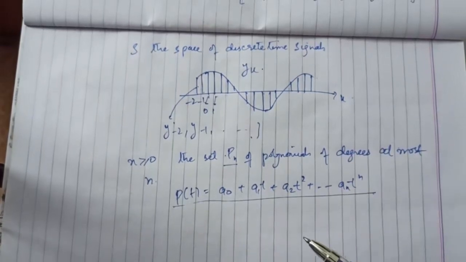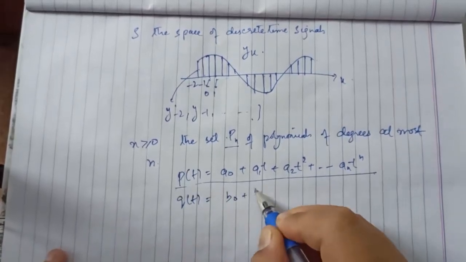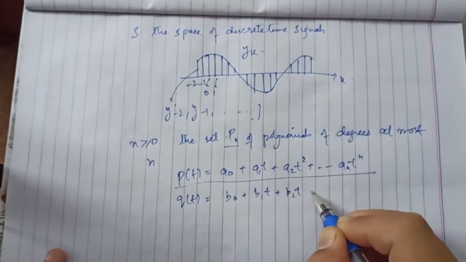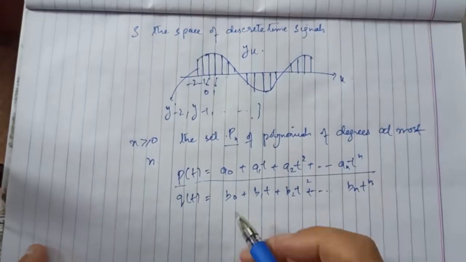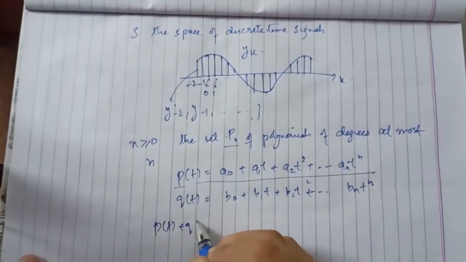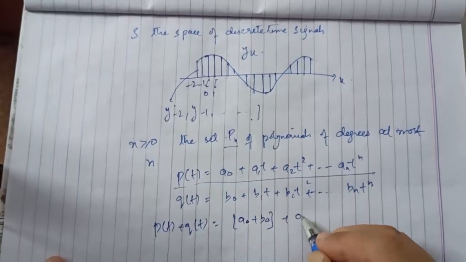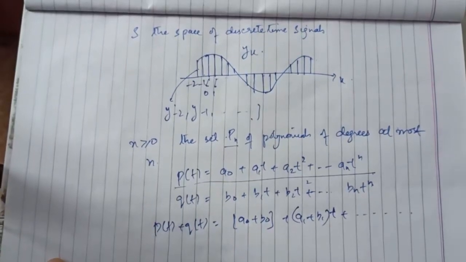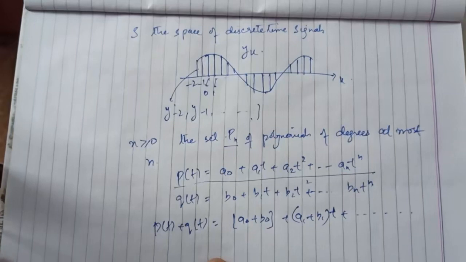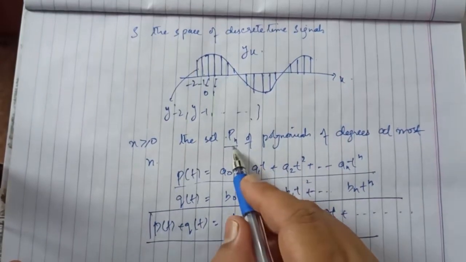So if there is another function, let's say q of t, which is b naught plus b1t plus b2t squared up to b n t to the n, the sum of this, p of t plus q of t, is nothing but a naught plus b naught plus (a1 plus b1) t plus similarly, right? So the axioms of the vector space are followed by this kind of function Pn. Okay.